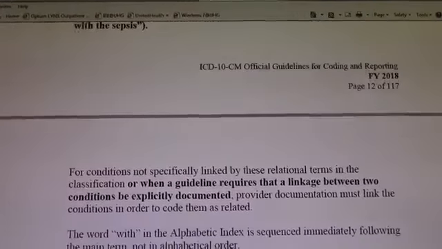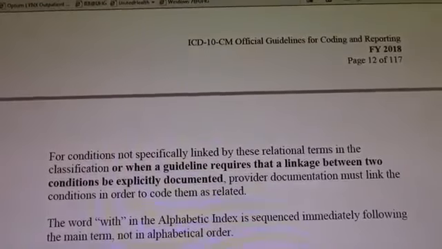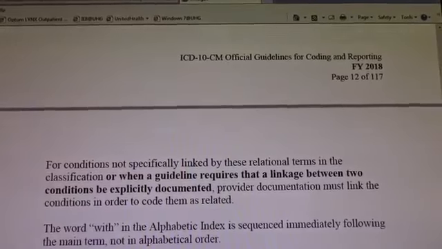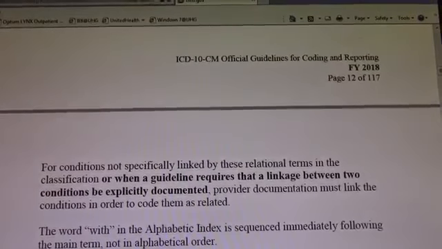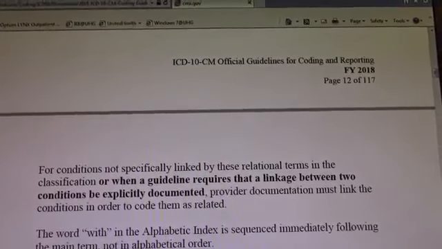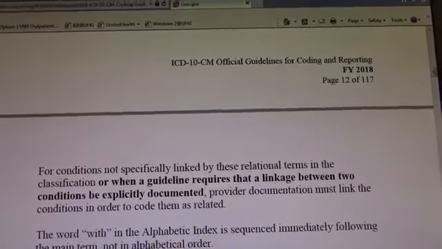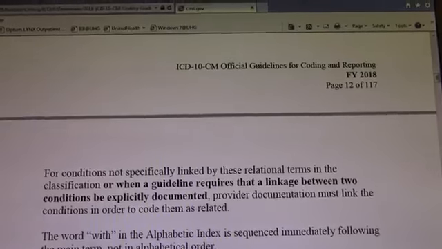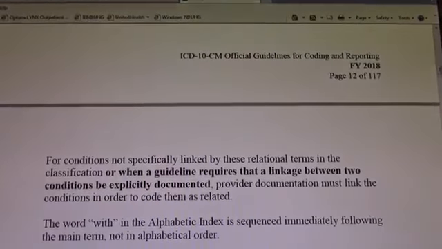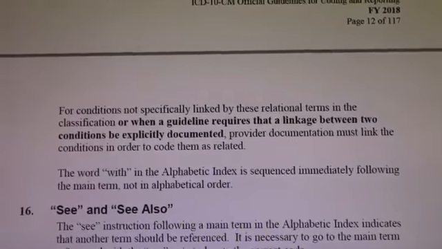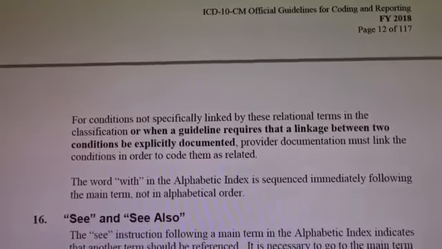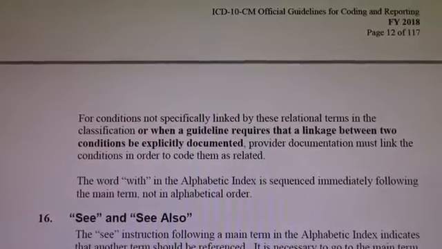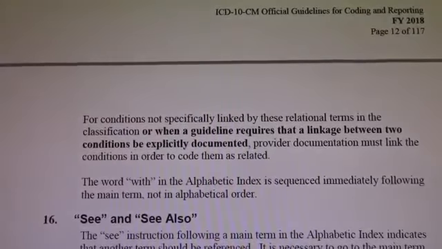So, for conditions that are not specifically linked by these relational terms in the classification, or when a guideline requires that a linkage between two conditions be explicitly documented, your provider documentation must link the conditions in order to code them as related. So, it's understood that there is a cause and effect. "With" is considered to be "in" unless your physician specifically does not link the two together, then you don't.